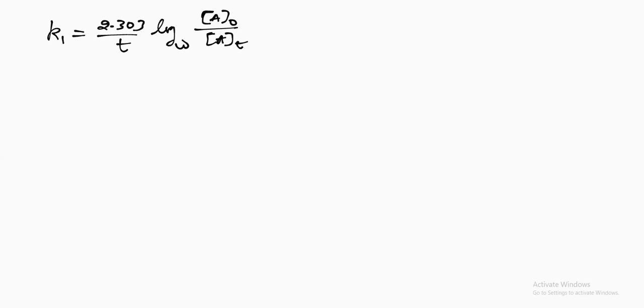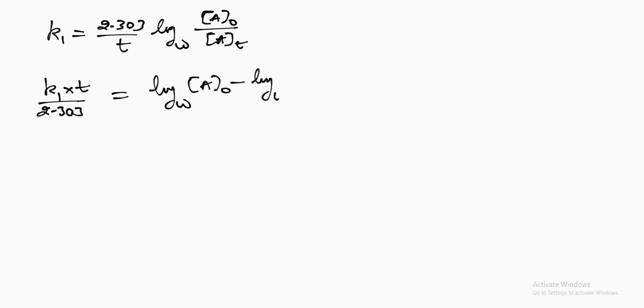So I'll bring this quantity to the left hand side. I'll get k1 into t by 2.303 equal to log A naught by A_t, which I can write as log A naught minus log A_t. I'll bring this log A_t to the left hand side and this quantity to the right hand side.